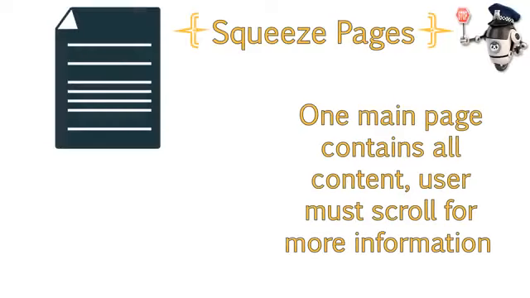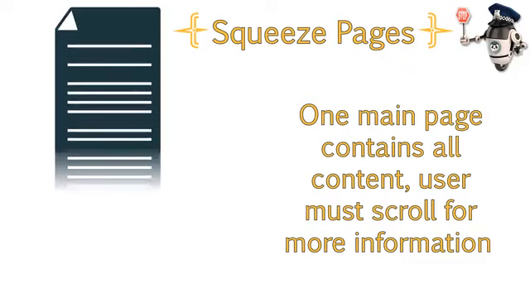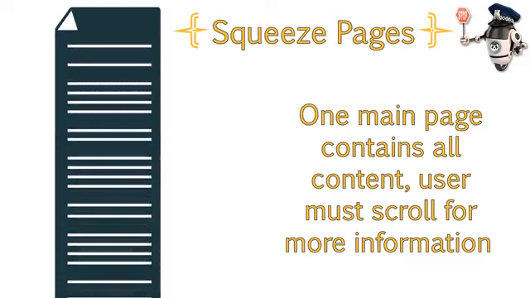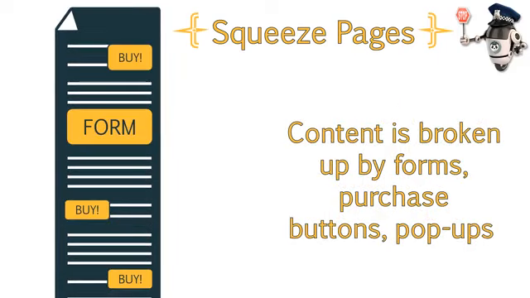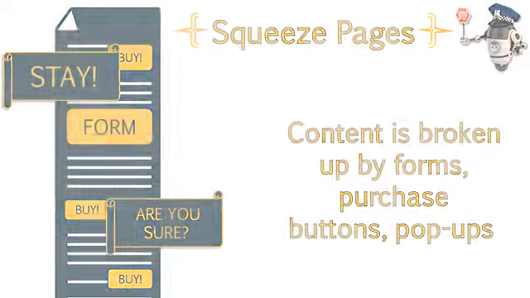Another type of content targeted by Panda are squeeze pages. Squeeze pages are like a landing page where it's one main page that features all of the content and you have to just keep scrolling down for more information. The content is usually broken up by forms and buy now buttons. You will sometimes run into sites which you cannot easily exit due to pop-ups asking you to cancel.